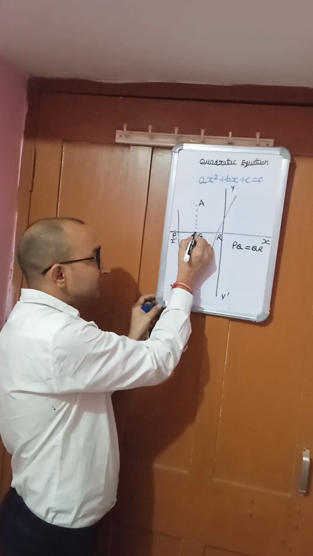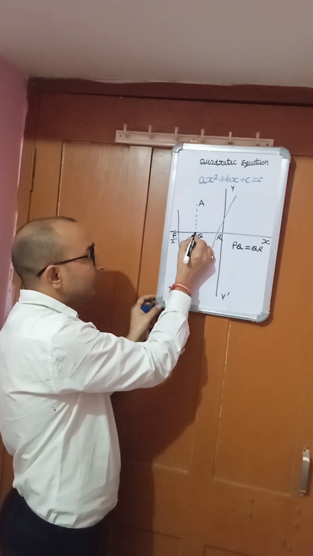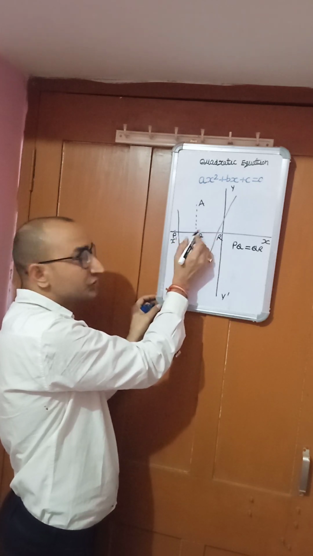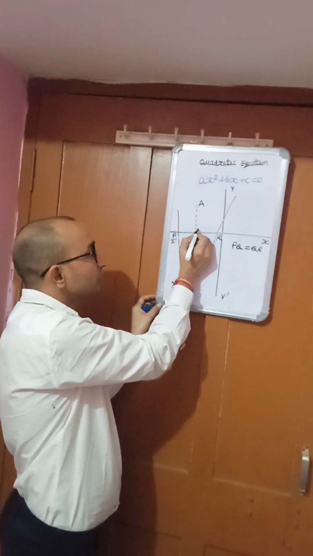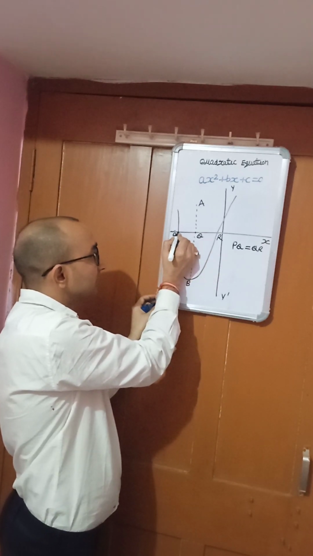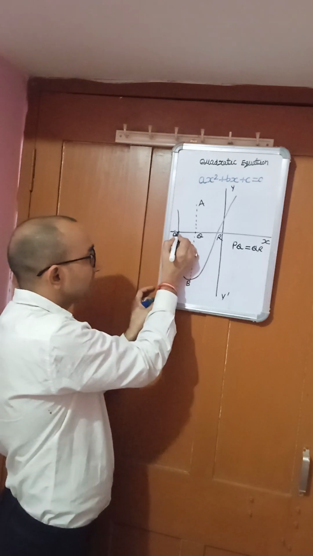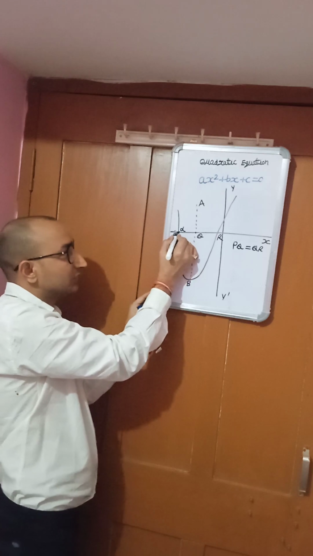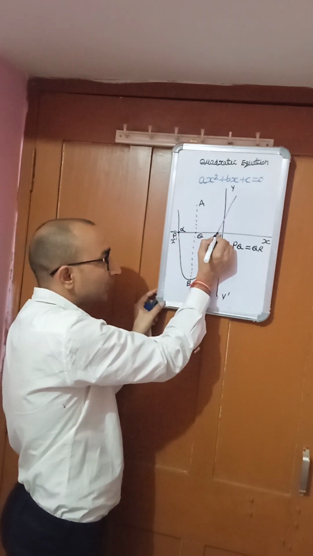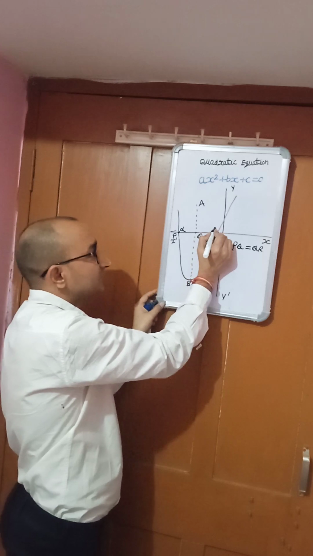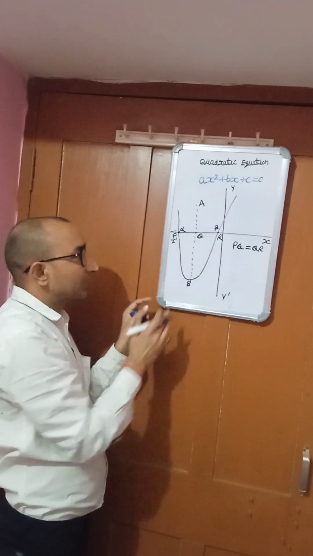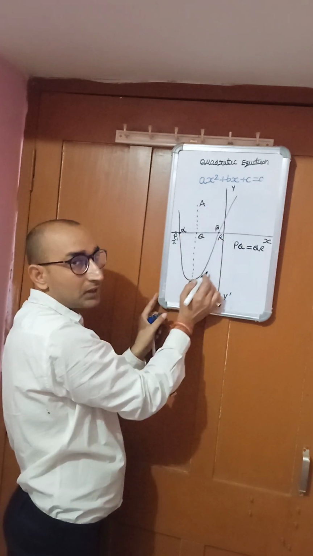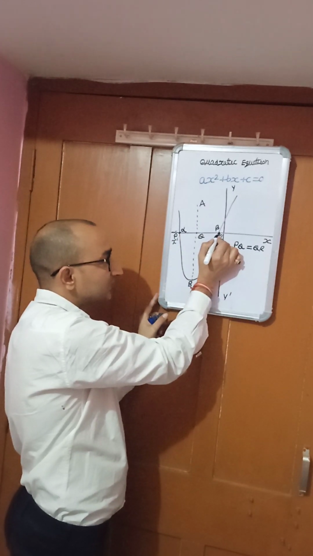So this is the x-axis, and Q is the midpoint of PR. So by midpoint we can write, if this is alpha, let us suppose this parabola cuts the x-axis at alpha, and this parabola cuts the x-axis at beta.